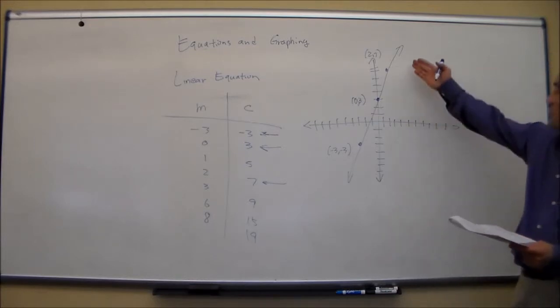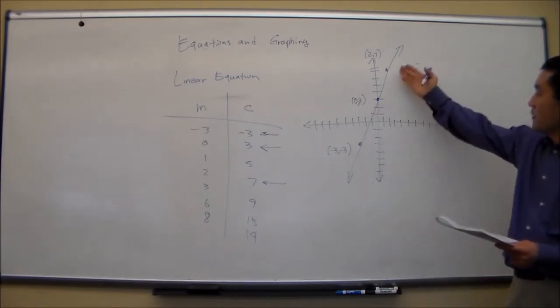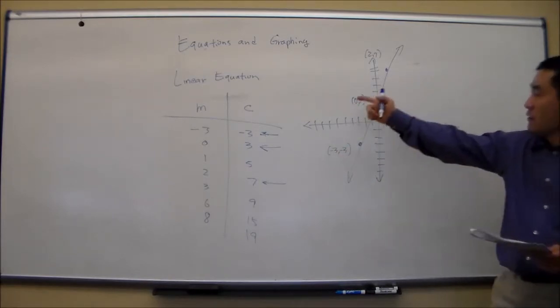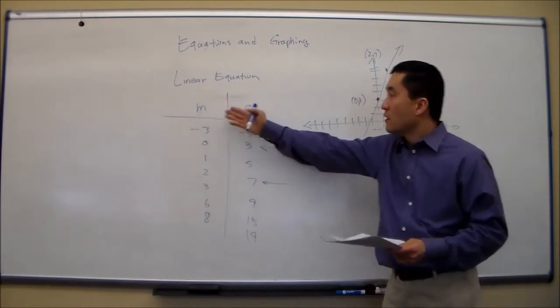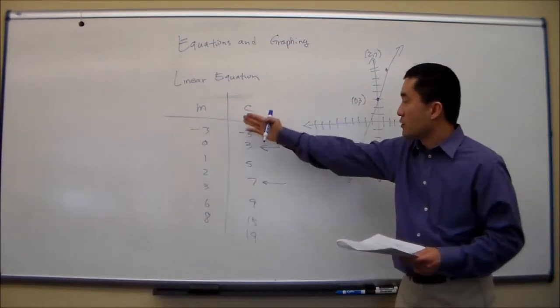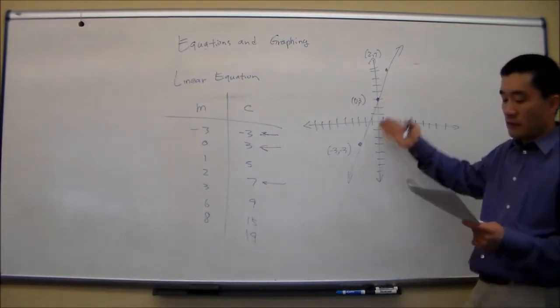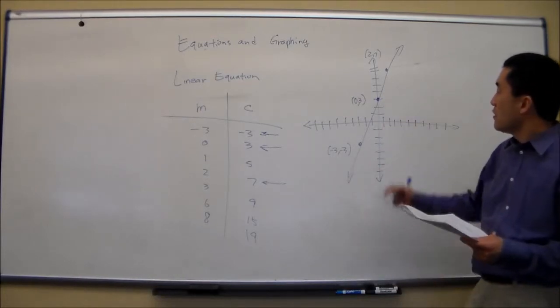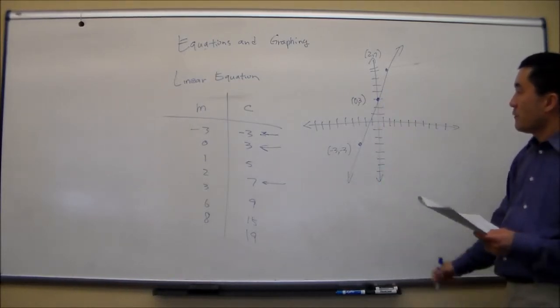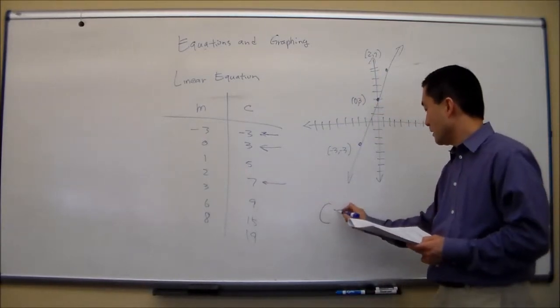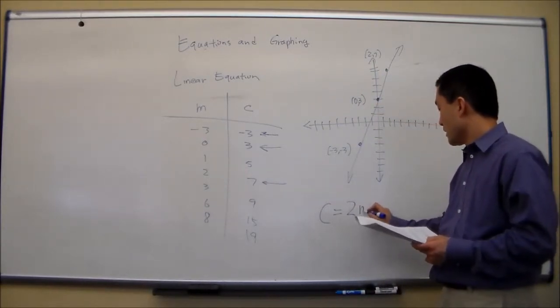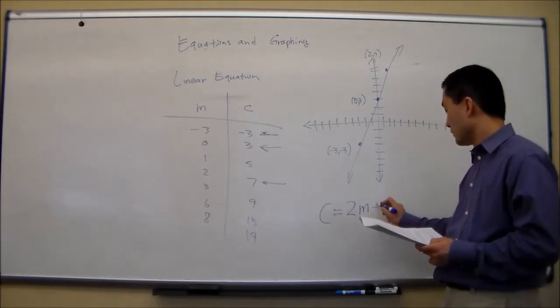As you can see, this graph is a straight line. We knew that because it's called a linear equation. Linear means it's a straight line. So the graph of a linear equation will be a straight line, as you see here. So what's the equation for this? From the table, I can extract that C is equal to 2m plus 3.